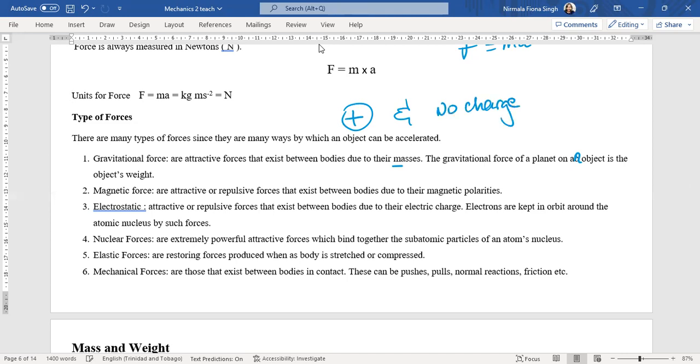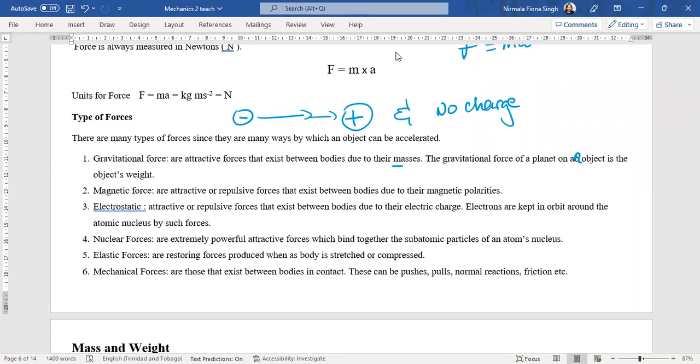Remember, we have positive charges in the nucleus and particles that have no charge. So if we have positive charges in our nucleus, electrons will be attracted towards these positive charges. So it keeps them glued together.